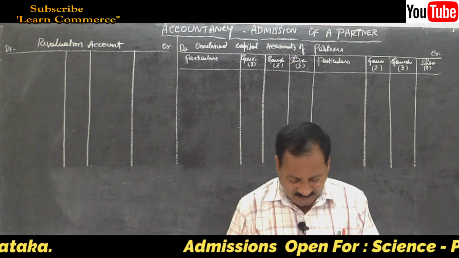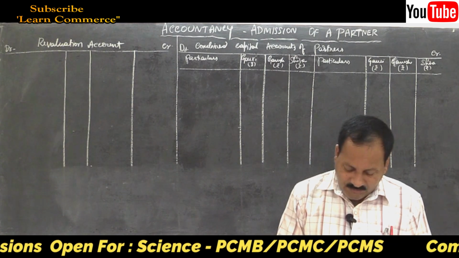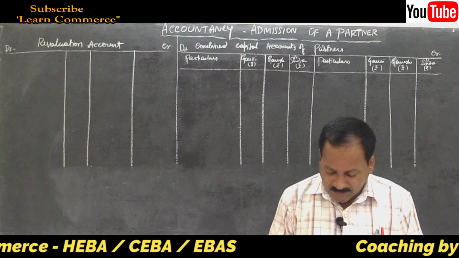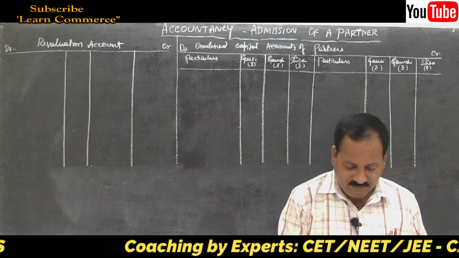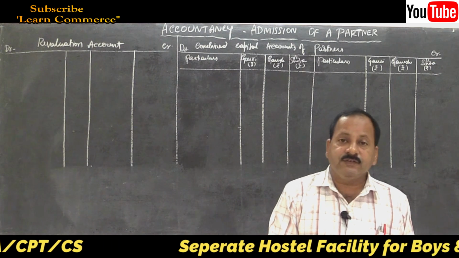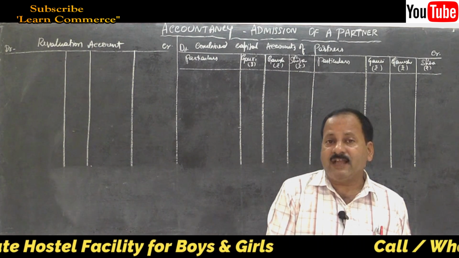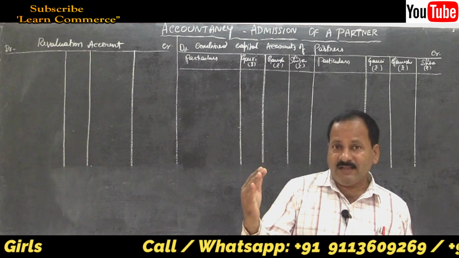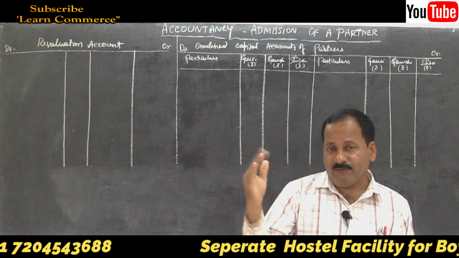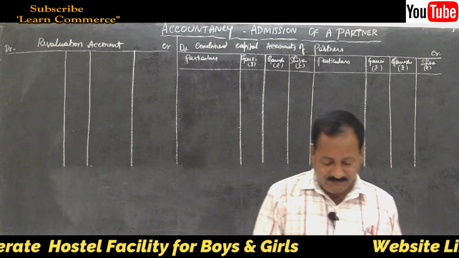Patents we have dealt with in the previous problem. On 1/4/2017, Shiva is admitted into partnership on the following terms. Shiva should bring rupees 25,000 as capital. So cash account debit to Shiva's capital account by cash account. On the credit side of capital account of Shiva, we have to enter the amount.